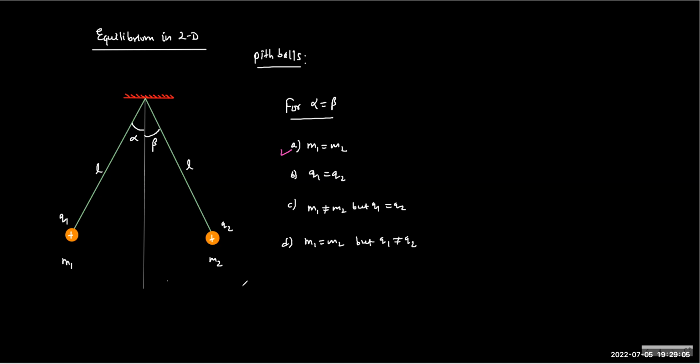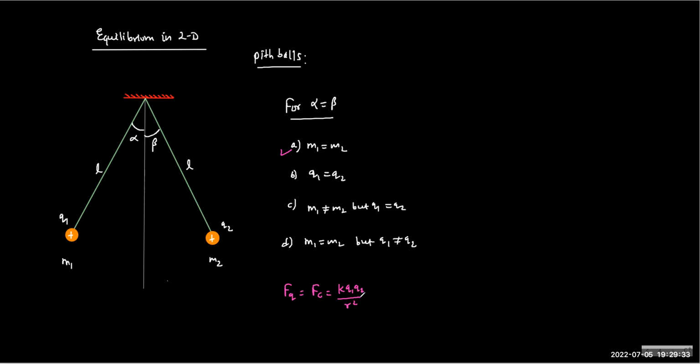No matter what charge we choose, the net force on each pith ball will be the same, correct? Because the Coulomb force is how much? K Q1 Q2 by R square. So what really matters is the product of charges, not your charge or my charge. It's the product of charges. So charge has no relation.